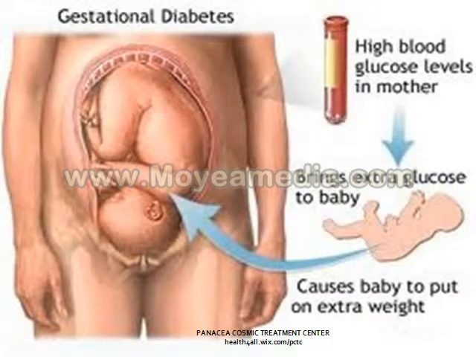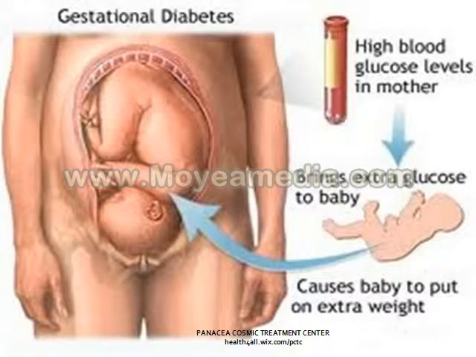Gestational diabetes is a type of diabetes that occurs only during pregnancy. The stomach converts food into glucose and then it enters the mother's bloodstream. The mother's pancreas produces sufficient insulin, but the insulin is resistant.